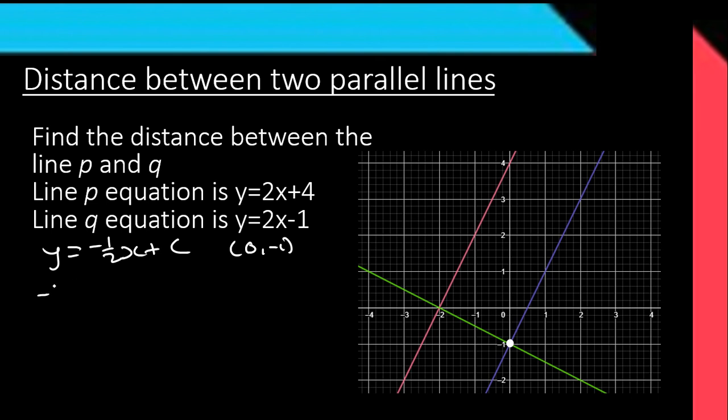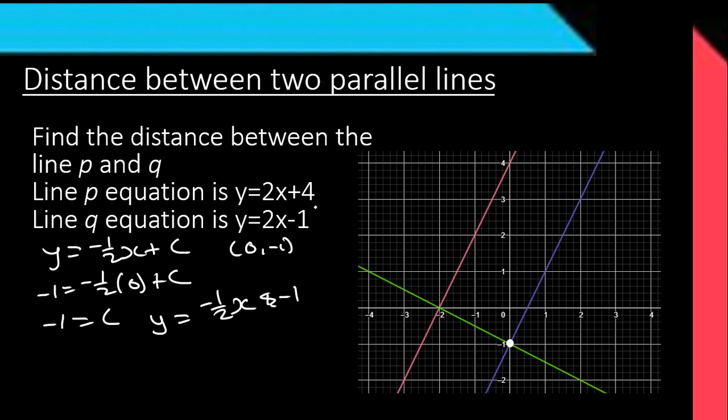So if I put negative 1 equals negative 1 over 2 times 0 plus c, well, they have the same y-intercept anyway. But if I still solve it, I know negative 1 equals c. So my equation is going to be y equals negative 1 over 2x minus 1. And that is the equation of my green line.